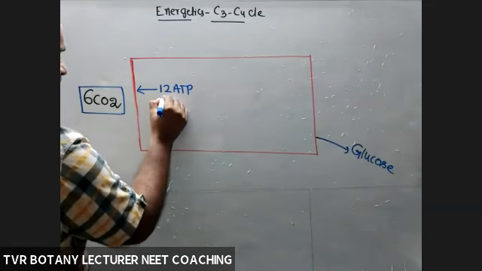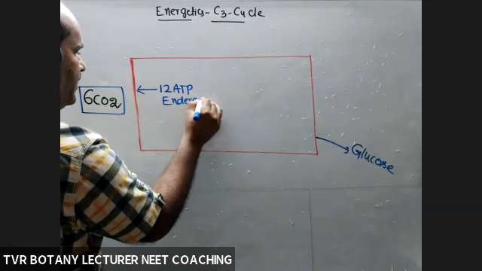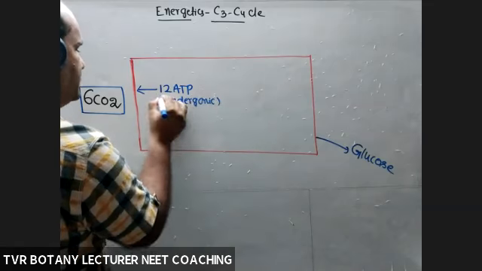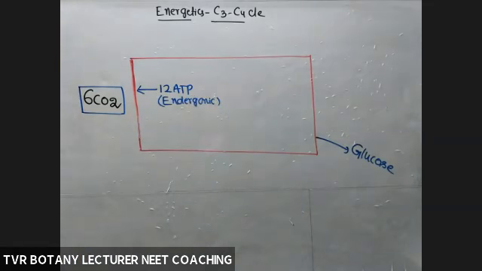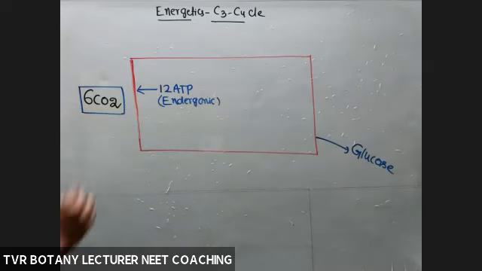So this one is an endergonic reaction, energy consuming reaction. 12 molecules of ATP consumed. That is the first reaction of a reduction phase. Okay. So here, how many CO2? 6 CO2. What is the ratio between these two? 1:2. Remember that one. That is very, very important.